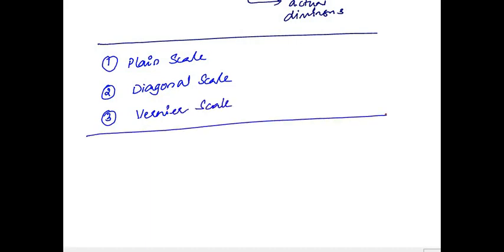These are the 3 scales that we are going to discuss. Okay. So before getting into this construction of the scales, there are certain things necessary for every scale. To construct any scale, you need 3 things.